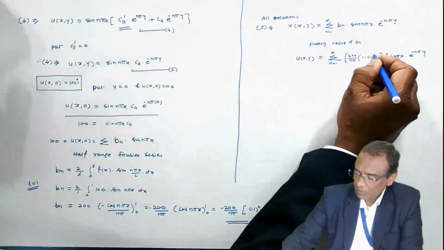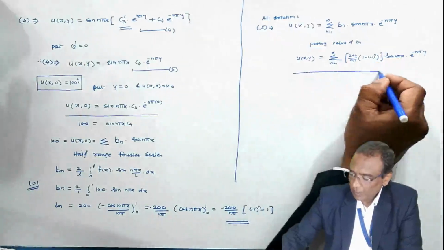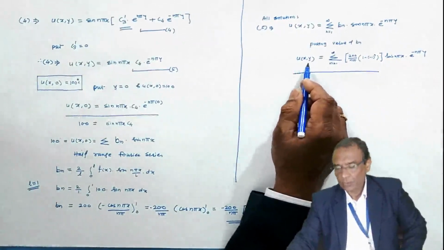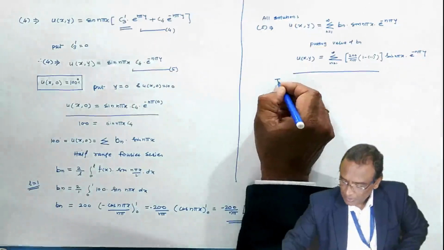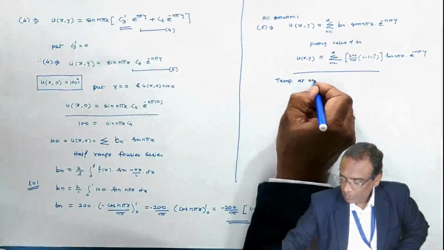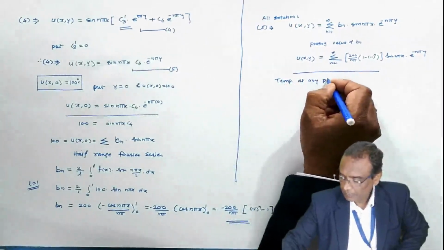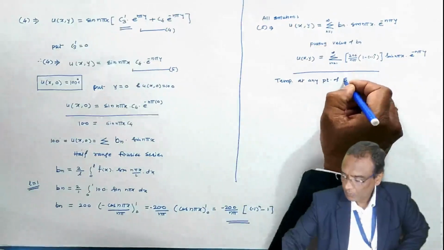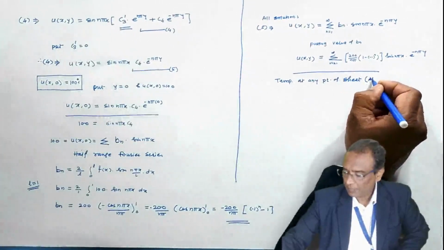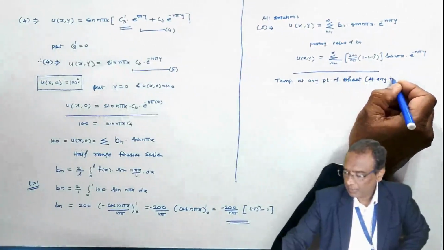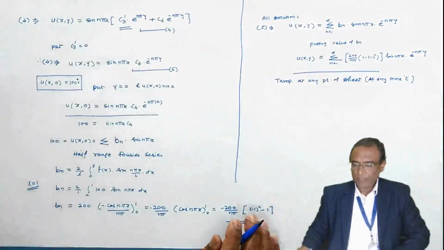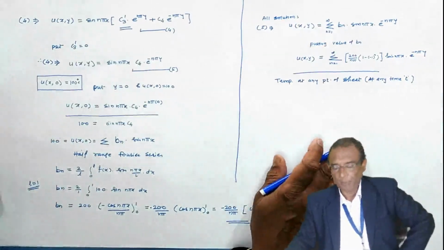So this is the temperature at any point of the metal sheet, at any time t. Then in this way we have solved this problem.